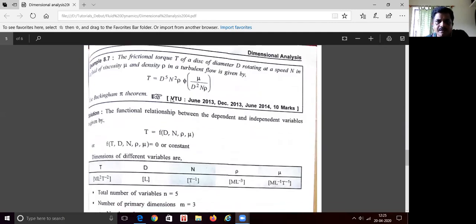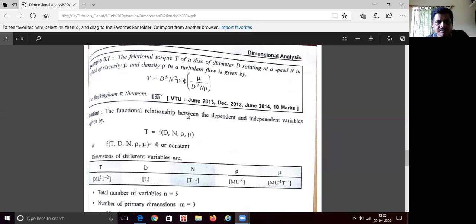This was a very important problem. I had given it to the last batch. I had given it in the internals also, and the same problem appeared in the examination also. It appeared in 2013, 2014, for 10 marks. Sometimes they will ask a bigger question for 12 marks or 14 marks also.